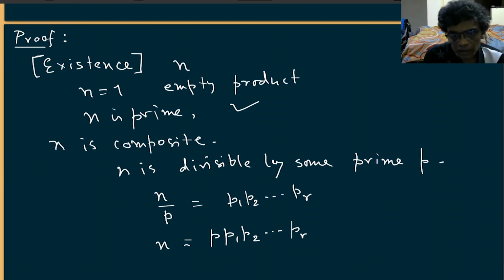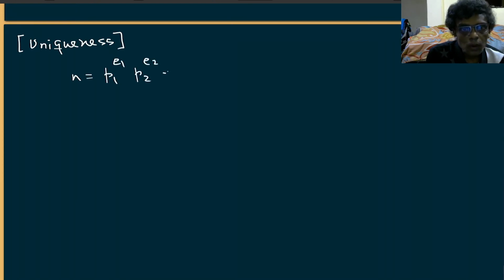In fact, if I collect the equal primes in this factorization, I can write n in this form: let's say P1 power E1, P2 power E2, ..., Ps power Es, where I assume that P1 is less than P2 less than ... less than Ps.